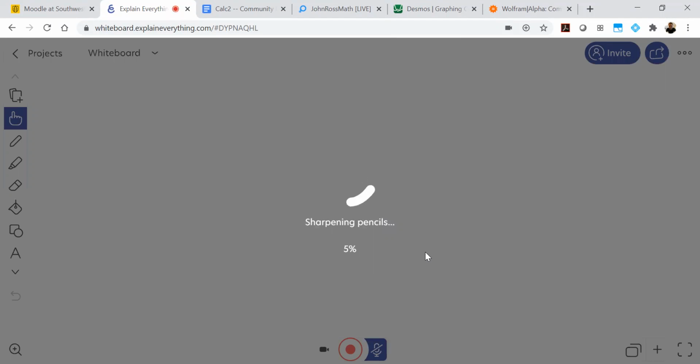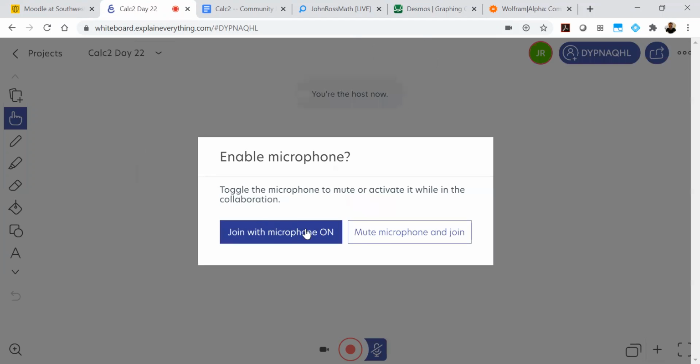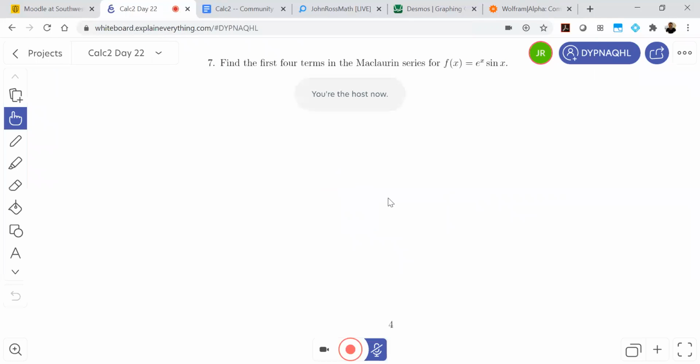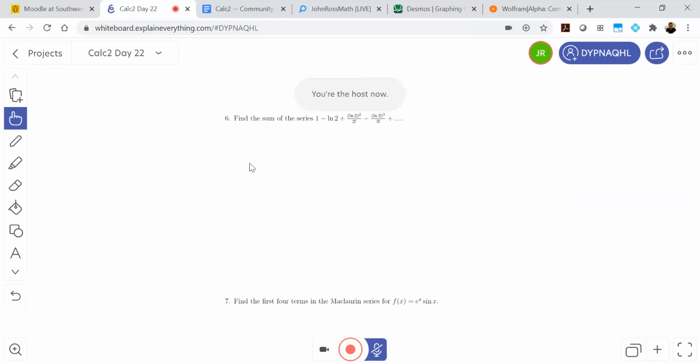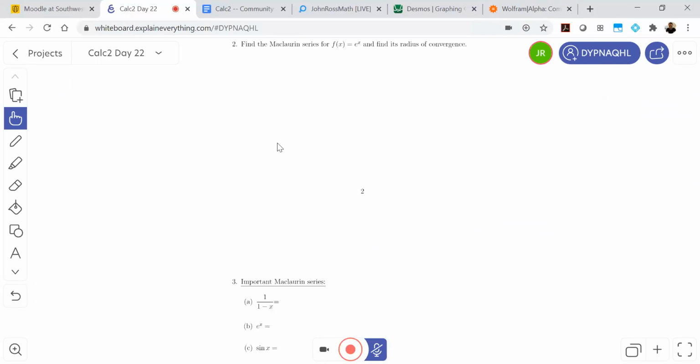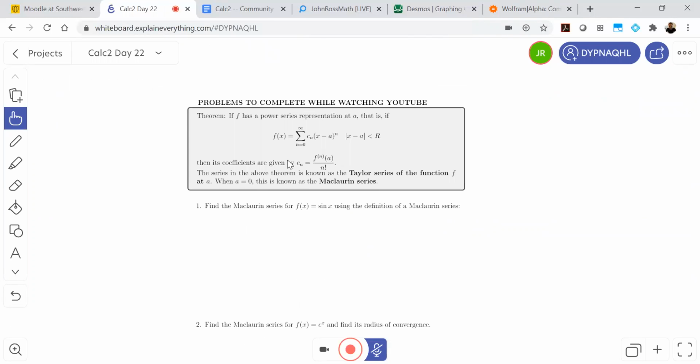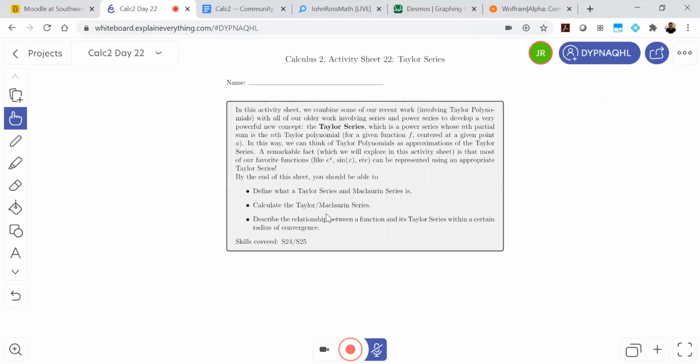Like I said at the beginning, this is not something that we will be able to complete in class today. This will also be the bulk of the class on Monday.